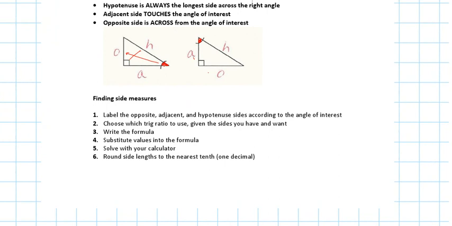And here's where I want you to pay attention. You're going to round side length to the nearest tenth of a centimeter or meter, so to 1 decimal place, unless the question asks you otherwise. If the question doesn't tell you how many decimal places they want, sides are always to 1 decimal place. Are we okay with that?